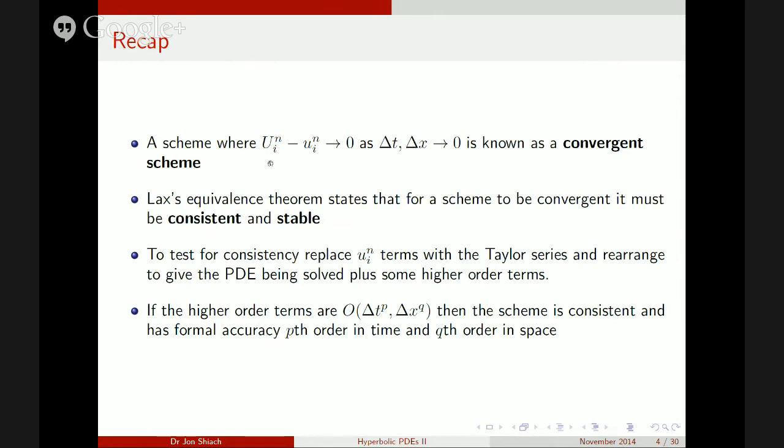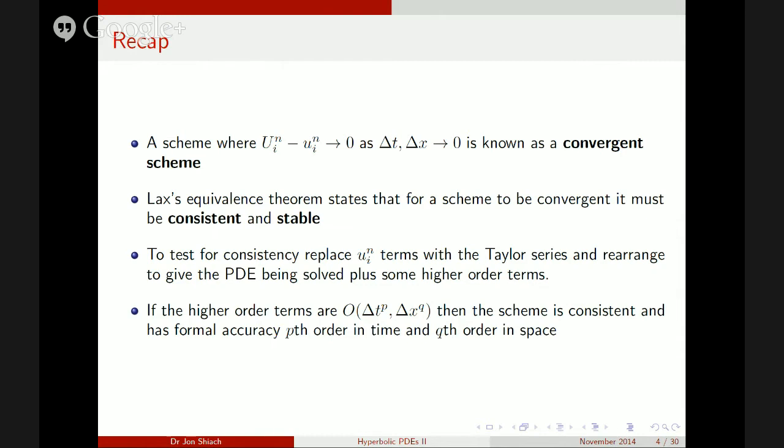If big U is the actual solution and our little u is our approximated solution, then the difference between the actual solution and the approximated solution should tend to 0 as we decrease delta t and delta x, our time and spatial steps. As these tend to 0, our approximate solution should get closer and closer to the actual solution. And that's what we want, and that's known as a convergent scheme.